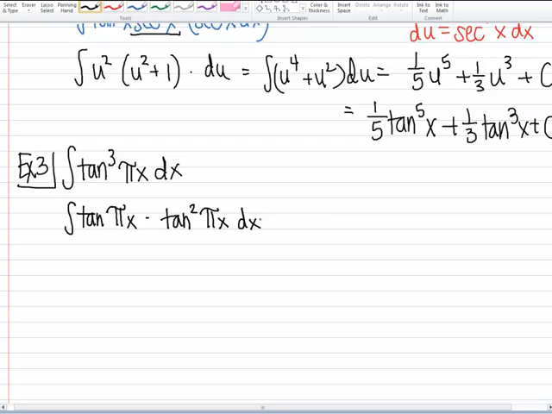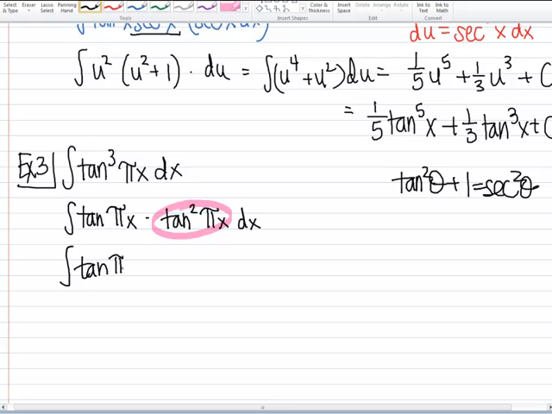So when I break this apart into two pieces, I have a tangent and a tangent squared, and I replace my tangent squared with secant squared minus 1. Try to remember, tangent squared theta plus 1 is secant squared theta. So if I want just tangent squared theta, it's secant squared minus 1.